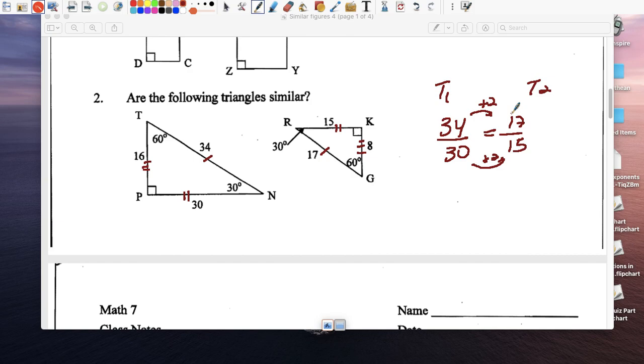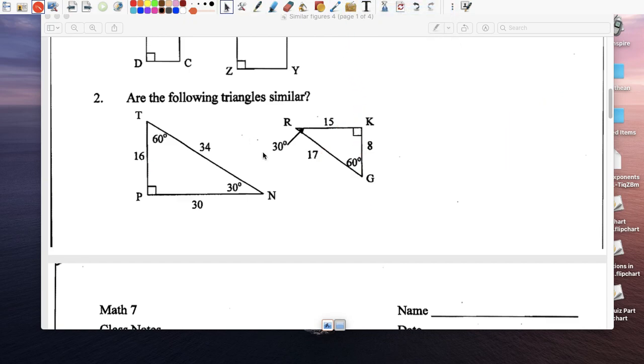If you want, I'll cross multiply just to check: 34 times 15 is 510, and 30 times 17 is also 510. Because they are similar, we can write that triangle TPN is similar to triangle GKR.